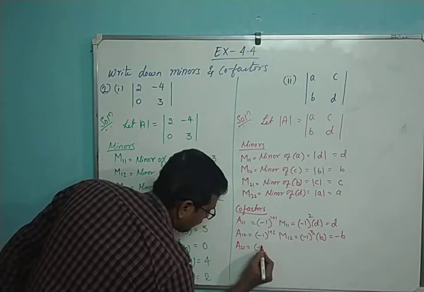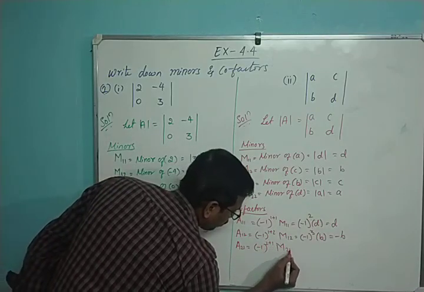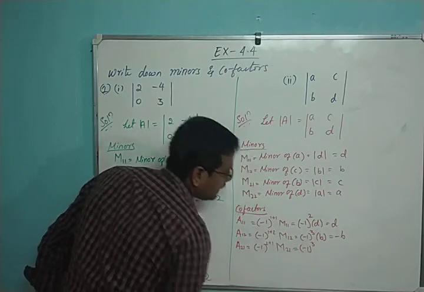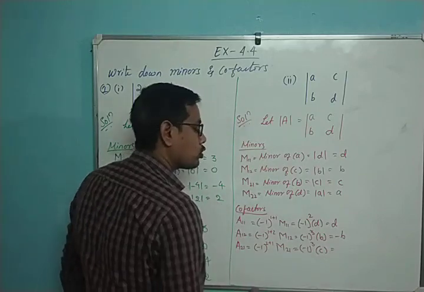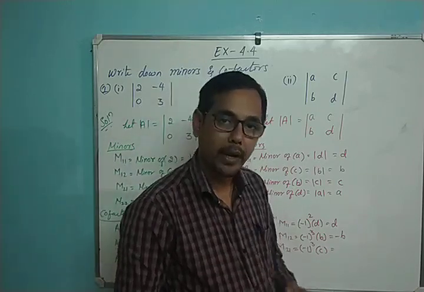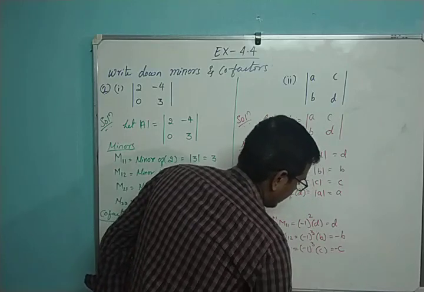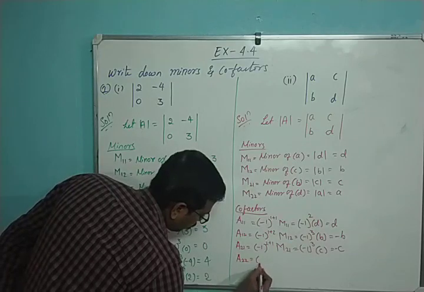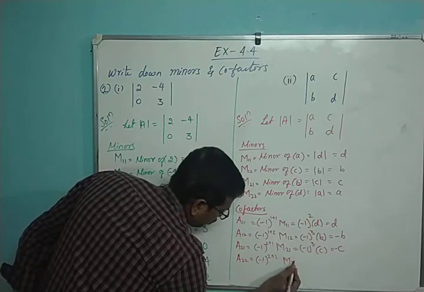A21 is minus 1 to the power 2 plus 1 into M21. So minus 1 to the power 2 plus 1 is minus 1 to the power 3, and M21 is C. So minus 1 to the power 3 is what? Minus into plus is minus C. Okay. And A22 is minus 1 to the power 2 plus 2 into M22.